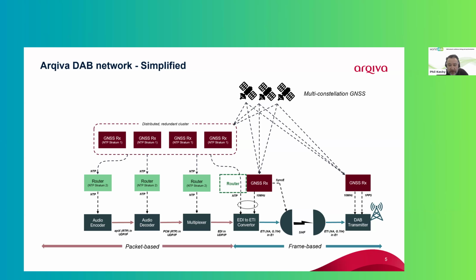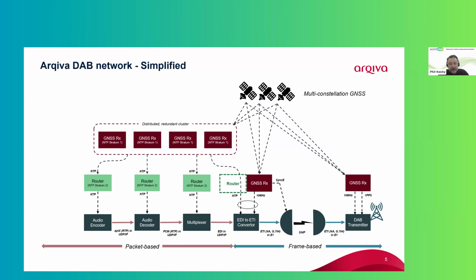But here we needed to basically break some of the traditional rules. So here our EDI decoders, the NTP clients on those devices, directly tunnel all the way back through to the core NTP servers to improve the precision and the accuracy of our reference, which we derive from the NTP polling, which comes from the client on that EDI converter.